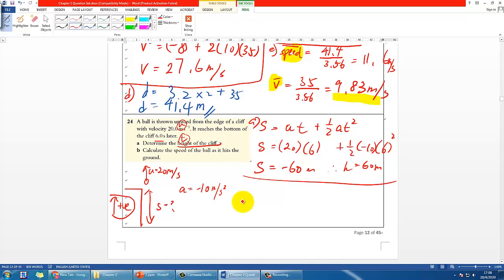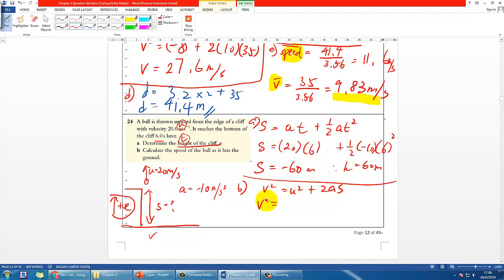That is part A. Part B, calculate the speed when it hits the ground. I suppose there's no C, so it's simply the ground below. Basically we are finding V. We can use v squared equals u squared plus 2as, I believe.